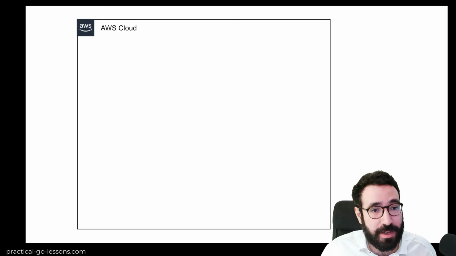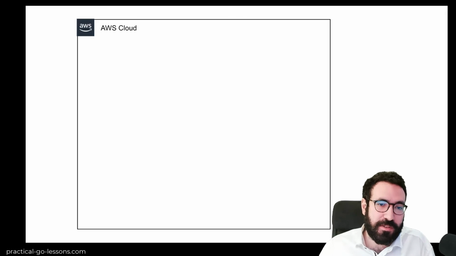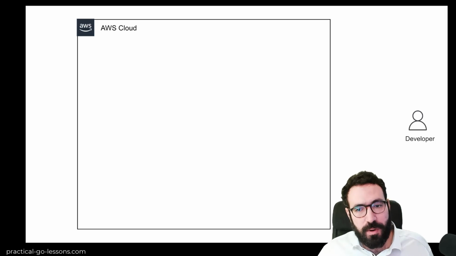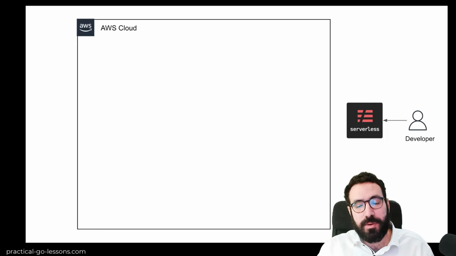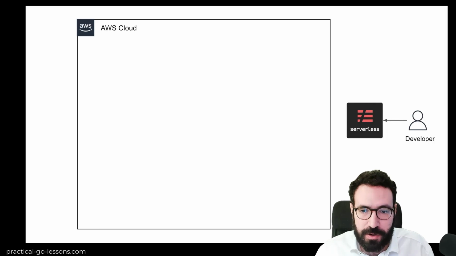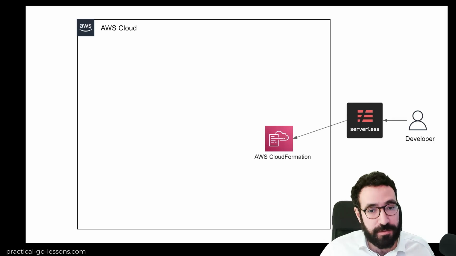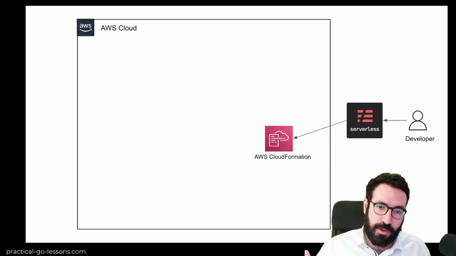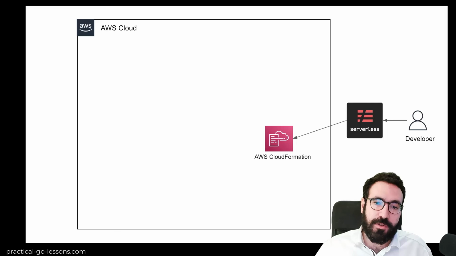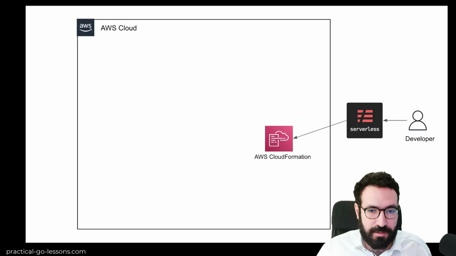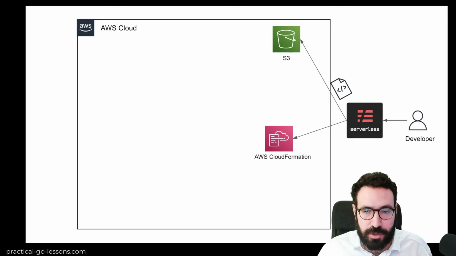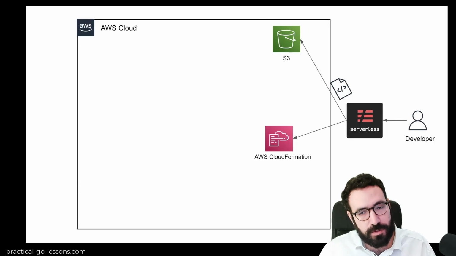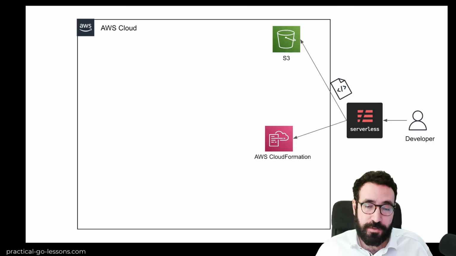Let's make a brief summary of what has been created in the AWS cloud for this service. So you, as a developer, you are going to use serverless. So when you type in your terminal serverless deploy, serverless is going to create a CloudFormation stack for you with everything you need in order to deploy your service. Then it's going to push your code, your binary, so the result of the compilation of the Go program, into an S3 bucket.